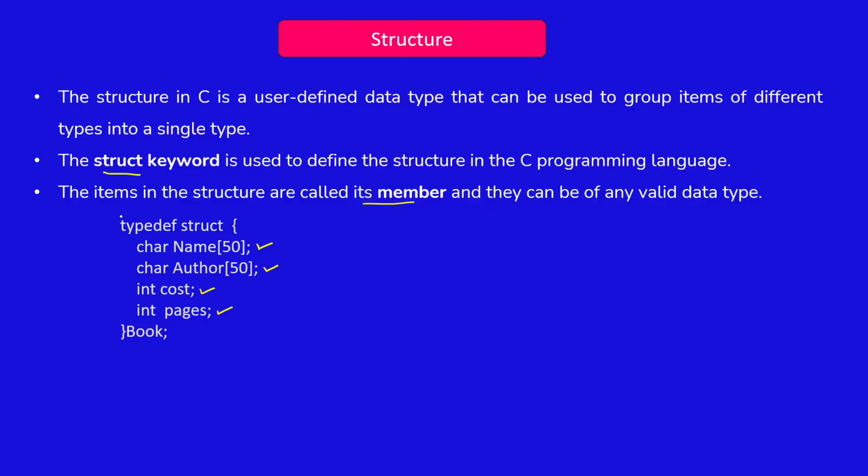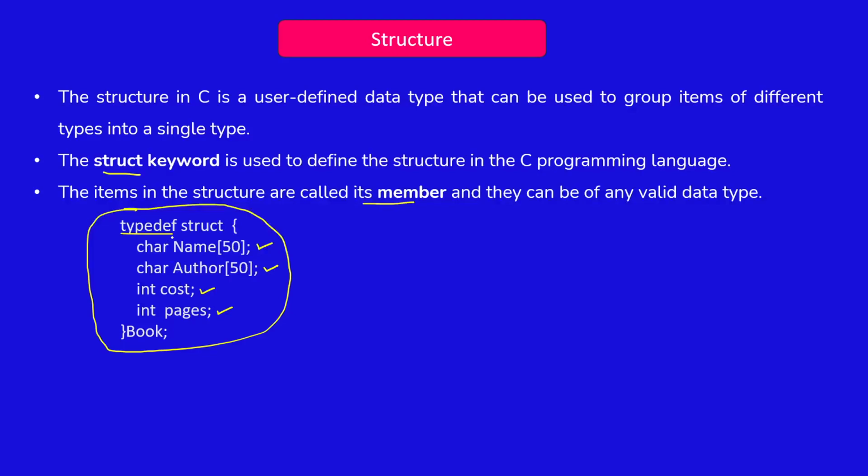And this is how you have to write the template of the structure. This is a template. This is not initialization or declaration. We have to write this template before the main function. Here, the word typedef represents a keyword for struct.